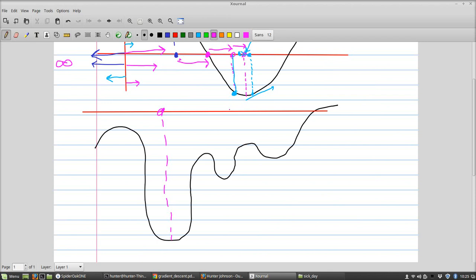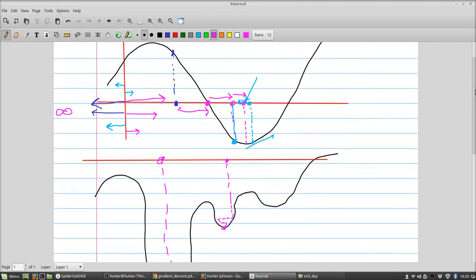But if you start looking for the global minimum right here, then what's going to happen when you follow the gradient descent algorithm is you're going to roll down to the bottom of this bucket, and you'll get stuck here, and you'll never find the global optimum. That's a real thing to worry about.